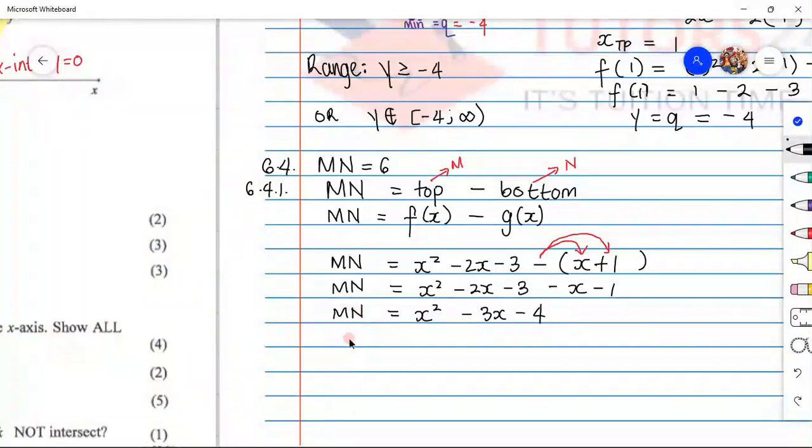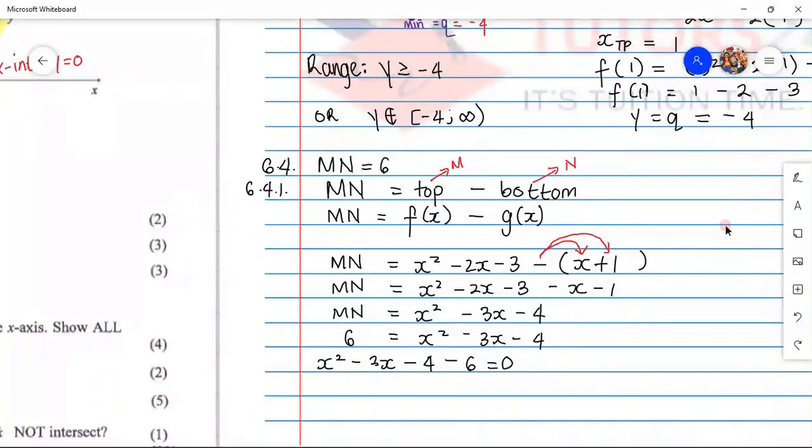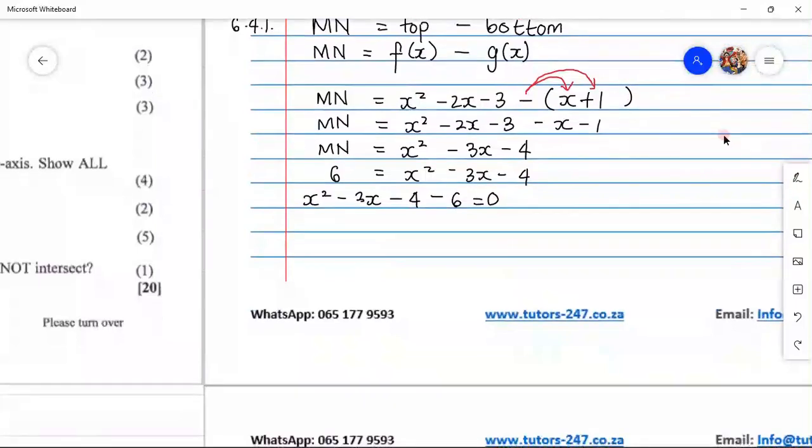Now we know that mn is 6 units. So we can substitute that 6 units and then solve or simplify. So we have x squared minus 3x minus 4 minus 6 equals 0. So from this point we are going to simplify and solve for x.